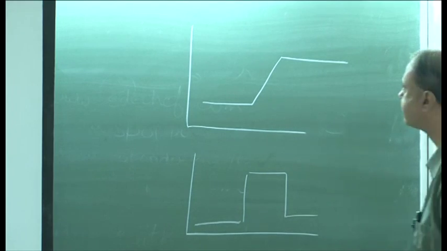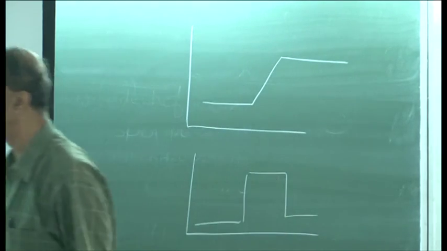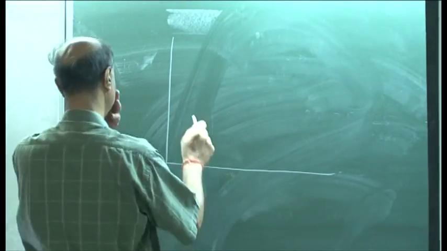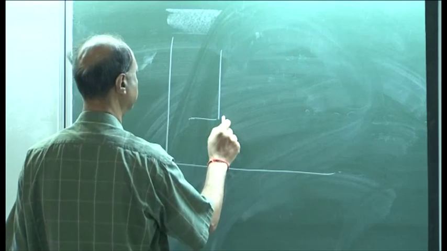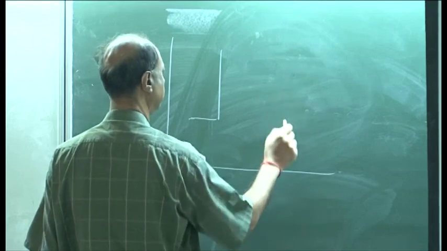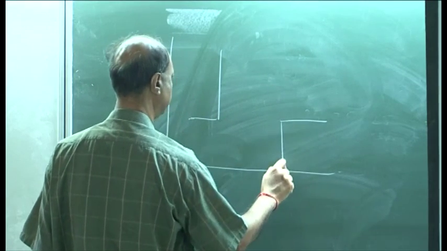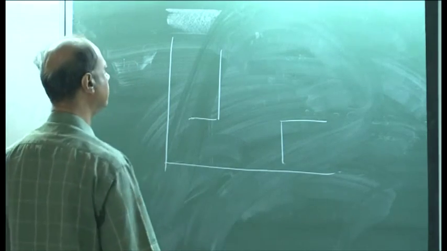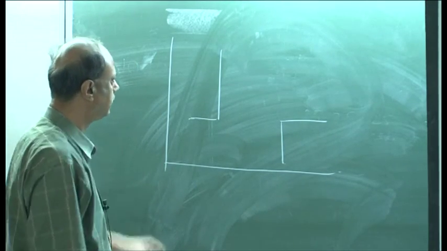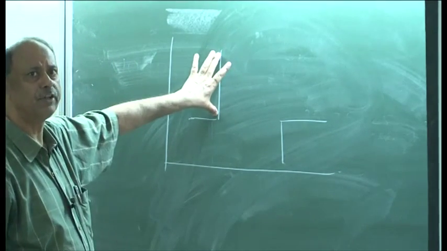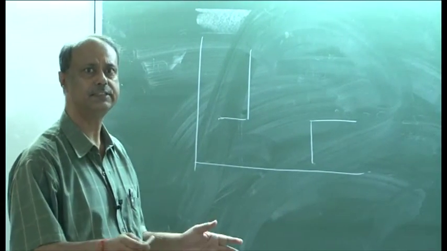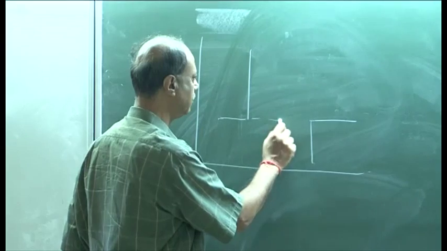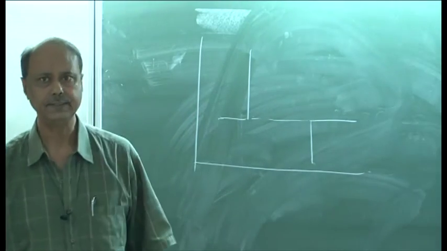But if I take the second derivative, only the non-zero values will be coming here and here, wherever there is a change, otherwise all of them are zeros. Am I right?